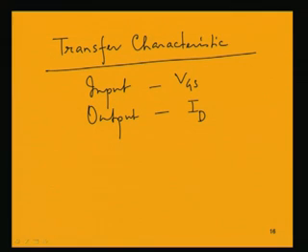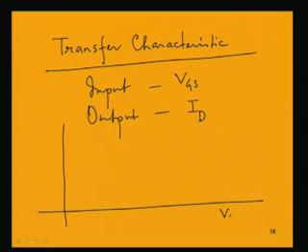So, now the characteristic curve between this VGS and ID gives an important piece of information, which is known as transfer characteristics. If you are asked to find out the transfer characteristic for this particular MOSFET device which we are having with us, then we will have to draw the characteristic between VGS and ID.